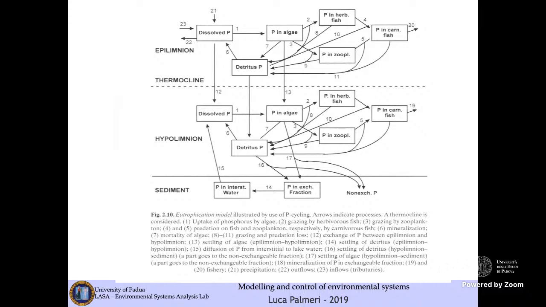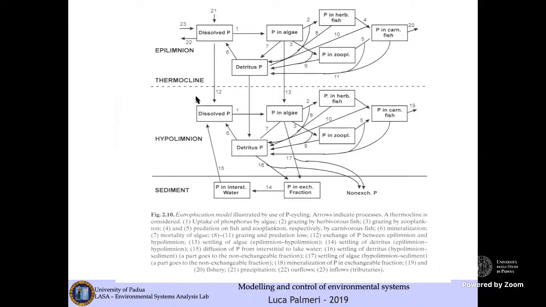In particular, in this case, and I remind you that we are talking about a eutrophication model with a phosphorus currency, we may divide my system into the epilimnion, the part of a lake that is above the thermocline, the hypolimnion, the part of the lake that is below the thermocline, and the sediment.